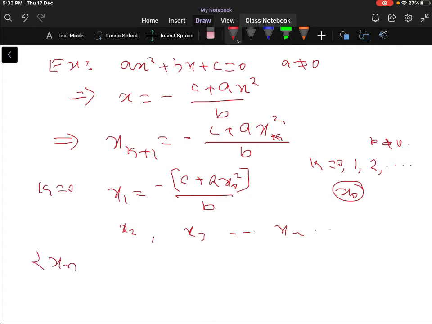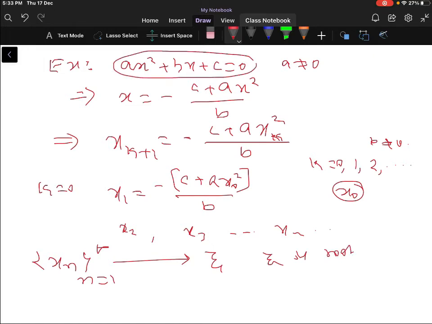Here the sequence xn, n equal to 1 to infinity, is a sequence that converges to the number xi, where xi is the root of the equation ax square plus bx plus c is equal to 0.